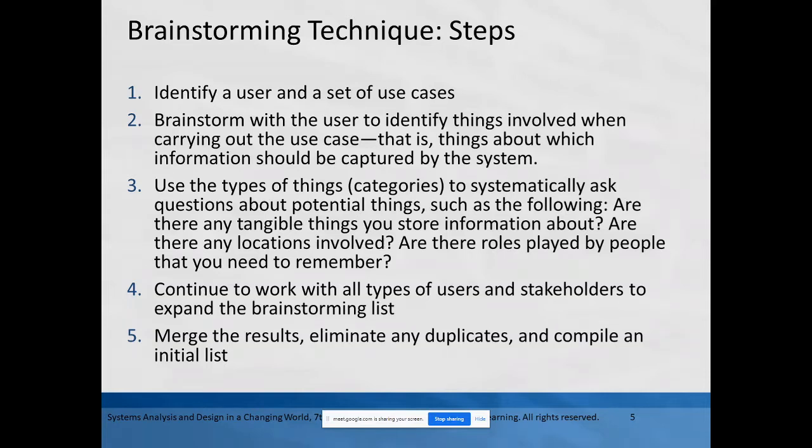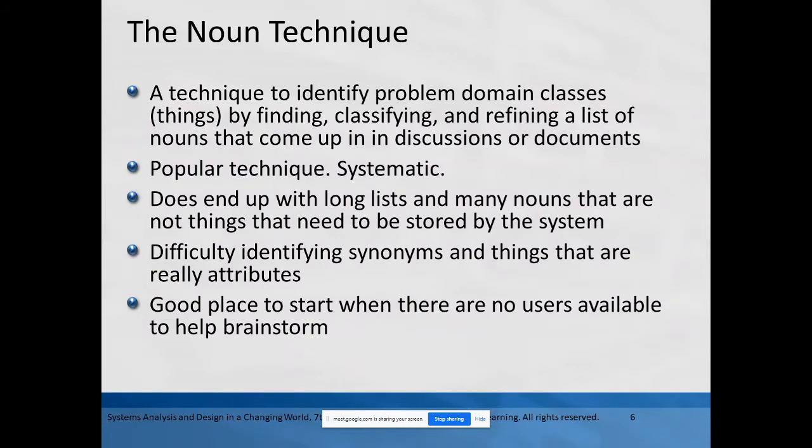This step 5 is interesting, and this is where you're trying to figure out, okay, so I have these things that look similar. Do I bring them together? Do I just eliminate the other one? And you're kind of sorting out what the final solution is. All right, so then there's the noun technique, and this is the one that is definitely used more commonly.